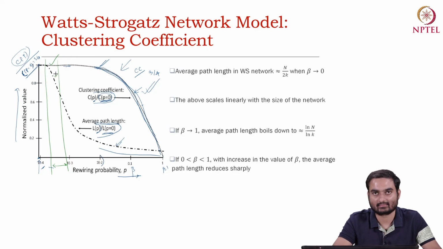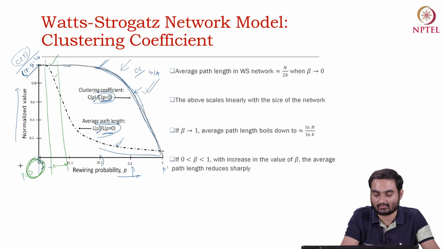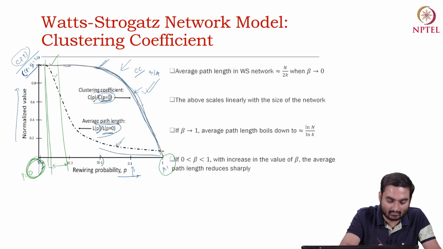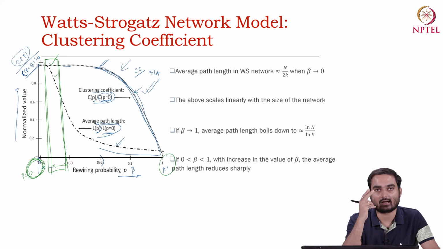So this part, when p equals to 0, indicates a regular lattice. When p equals to 1 it indicates the random graph, right? But this part is something which follows two properties of a real network: high average clustering coefficient and low average path length.